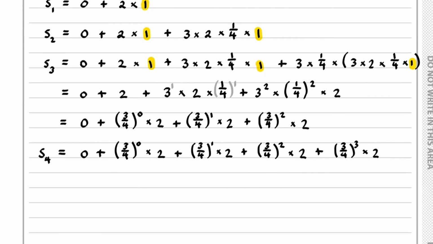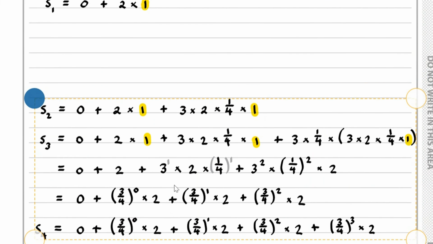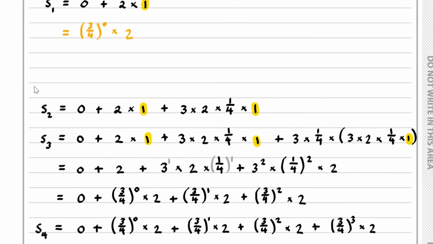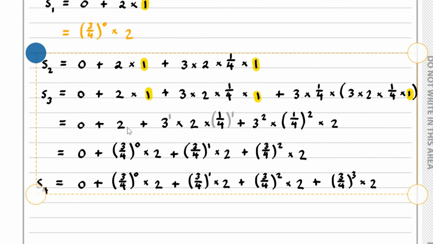So for example, if we move all this down slightly, S1, could we rewrite that as 3/4 to the 0 times 2, and then could we rewrite the S2 as well?